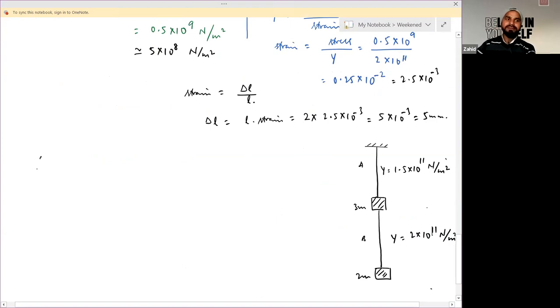So you may have to find the ratio of stress and strain.